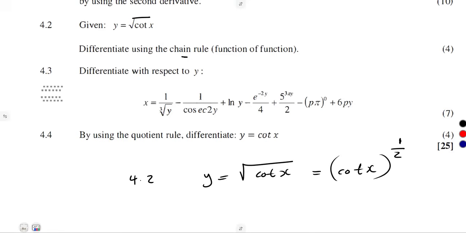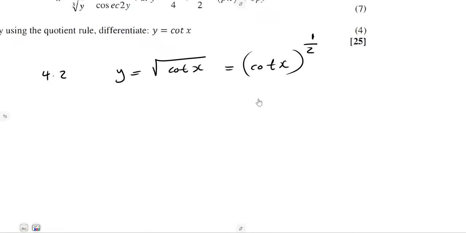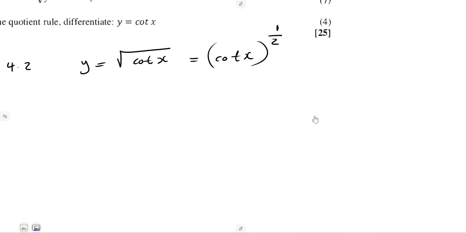Remember, the chain rule, or function of a function, is where we introduce u as another function in place of x, the one that is complicated, raised to a certain exponent. So if we say let u be equal to cot of x, therefore, y is equal to what? In place of this, we're going to put u. So that's u to the exponent of a half.